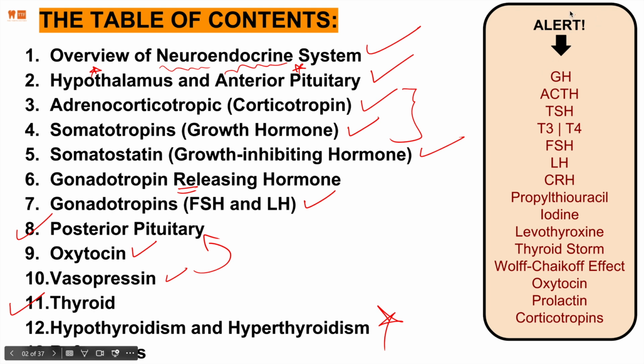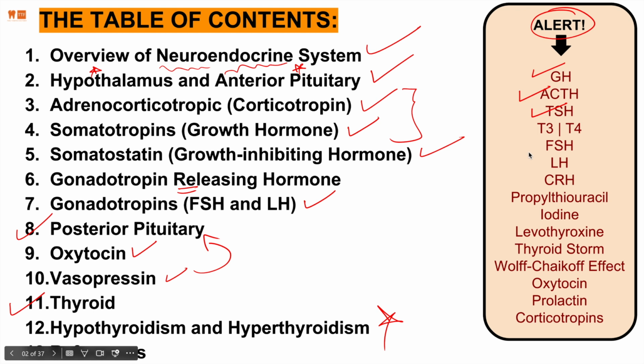Our new addition to this lecture is the alert screen. We've been looking at this in the past few lectures. You want to keep an eye out for these things. These are important: GH, growth hormone. ACTH, which is essentially adrenocorticotropic hormone, but we'll take a look at how it varies into different functions.